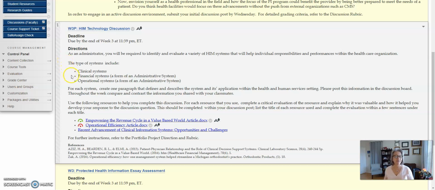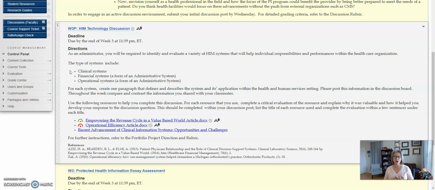The three types of systems are called clinical systems, financial systems, and operational systems. For each system, we want you to create one paragraph that defines and describes the system and its application within the health and human services setting.